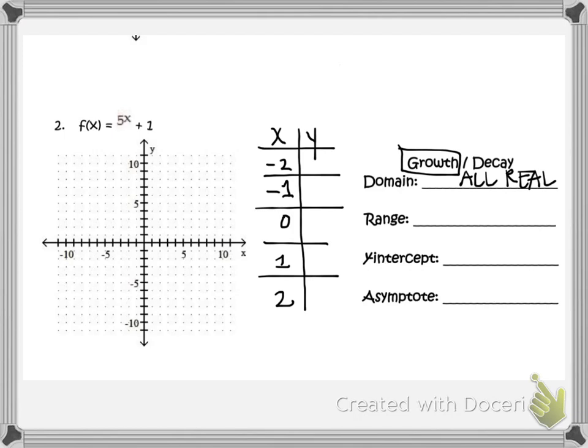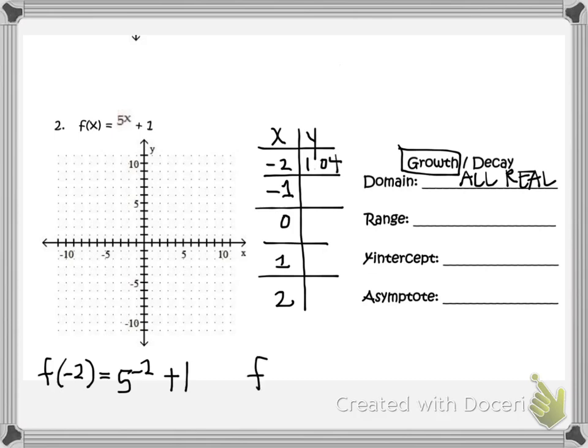So when I plug in -2 for my x, I'm going to get 5 raised to the -2 power plus a 1. Okay, so it's a fraction, right? So it's 1 over 25, okay, which is a decimal, 0.04, plus a 1. So this is going to be 1.04.